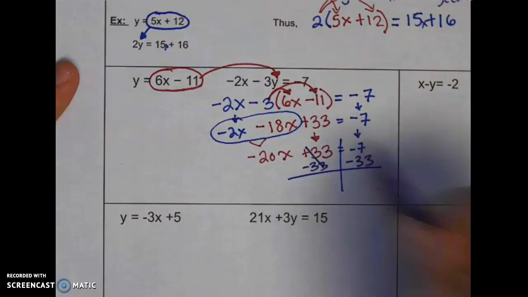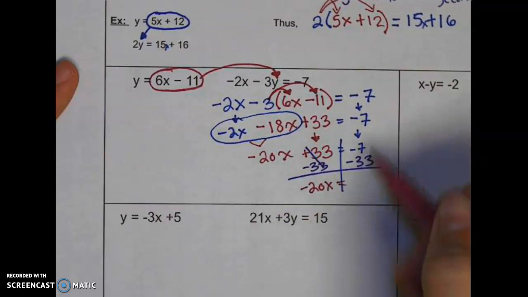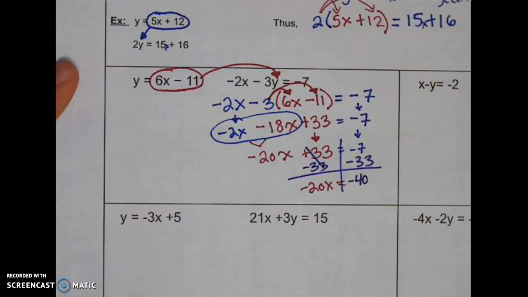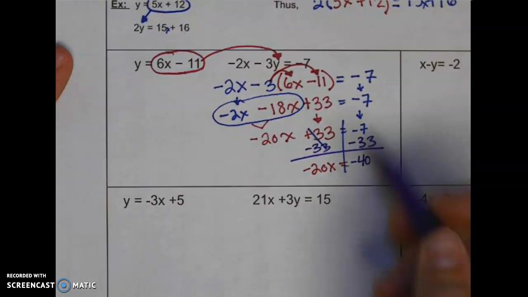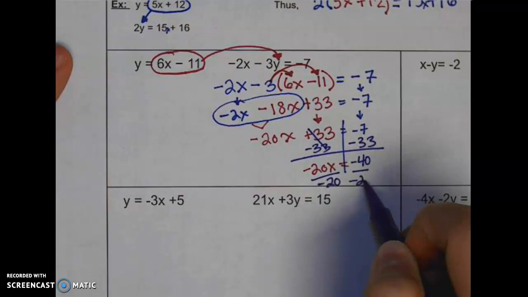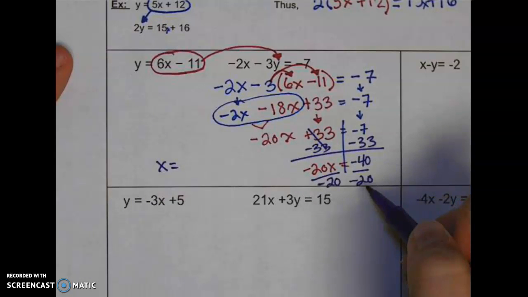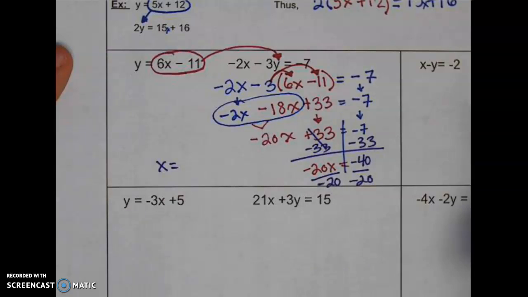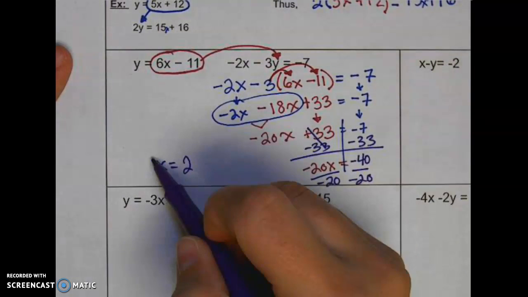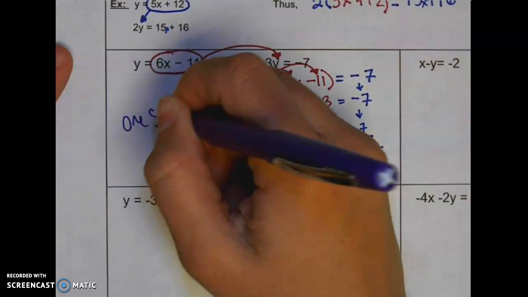So these cancel. I'm left with negative 20x equals a negative 40. And x is still not by itself. So the last thing to do is to divide by negative 20 to both sides. So x equals a negative divided by a negative is a positive. 40 divided by 20 is 2. So this is going to be one solution.